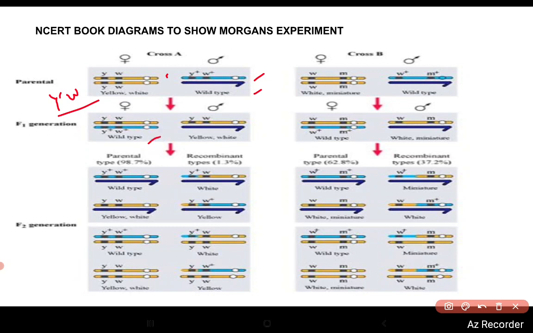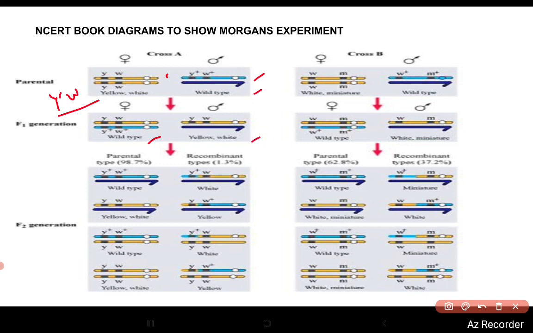When these are crossed, in the F1 generation the female becomes wild type with the dominant traits, that is brown colored body with red colored eye, and the male becomes yellow colored body and white eyes.